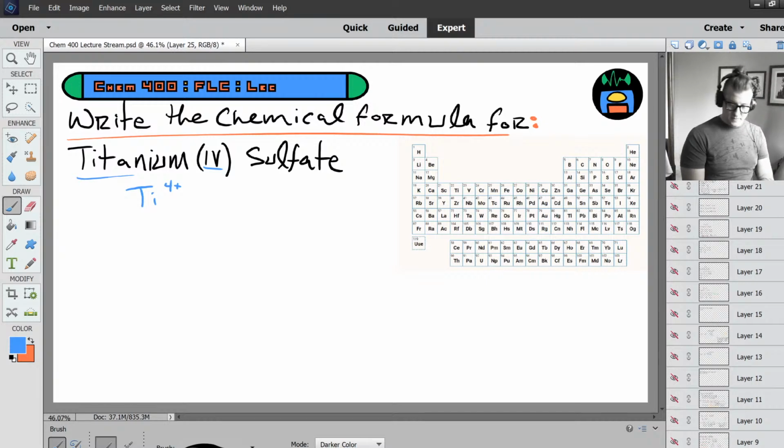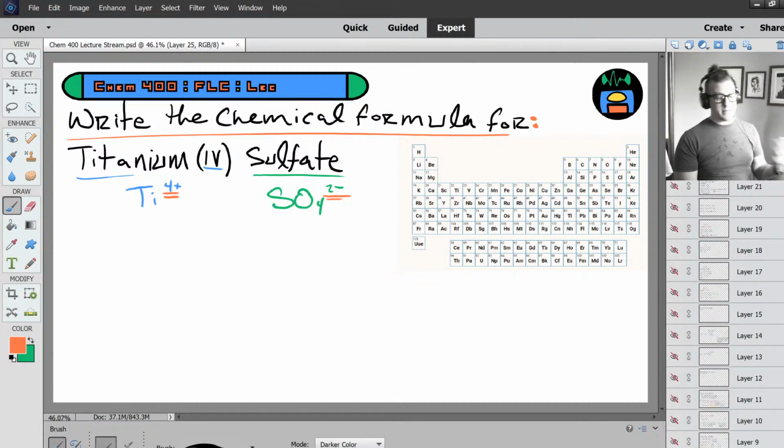Titanium is Ti. Sulfate, polyatomic ion. So we just need to know that sulfate has a formula of SO4 and a charge of -2. Now, 2 does go into 4 evenly, right? It'll take 2 sulfates to balance with 1 titanium.